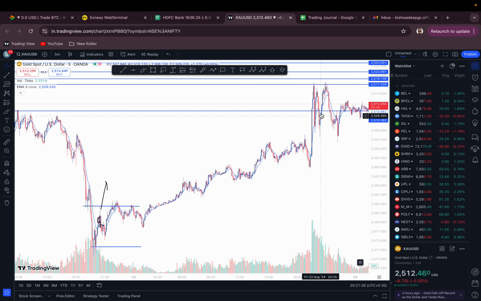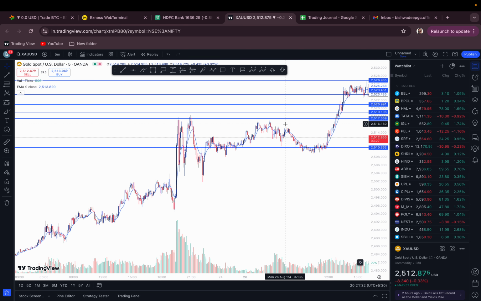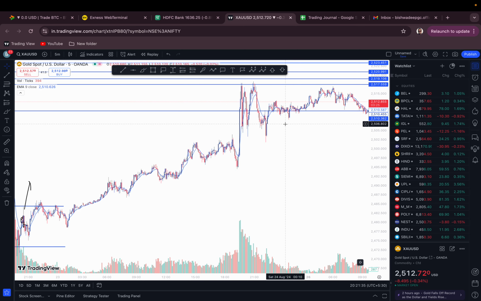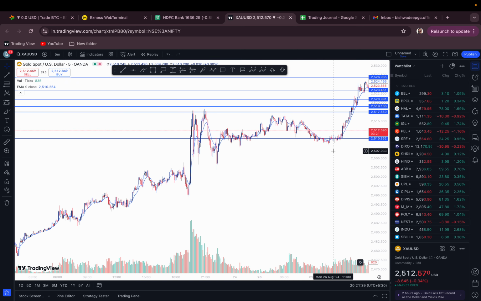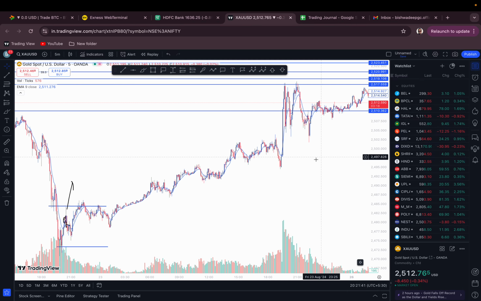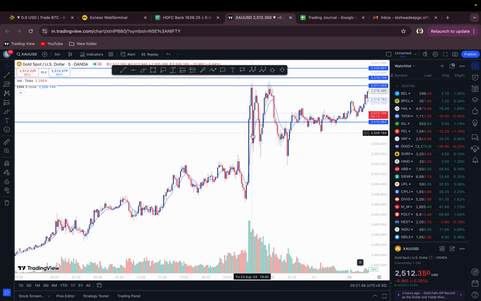Here I took the trade, 2511.93. Yes, this is the point where I took the trade.